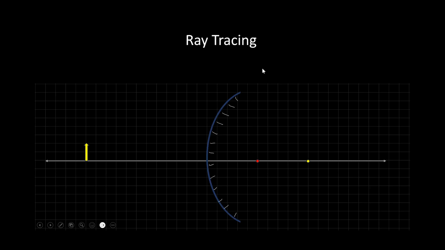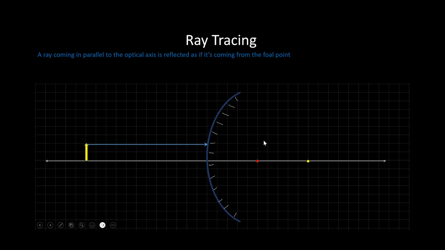All right, so let's do ray tracing for a convex mirror. The first ray is a ray coming in parallel to the optical axis. There's the optical axis. It is reflected as if it's coming from the focal point. Here's a ray parallel to the optical axis. It's going to get bounced back as if it's coming from the focal point.